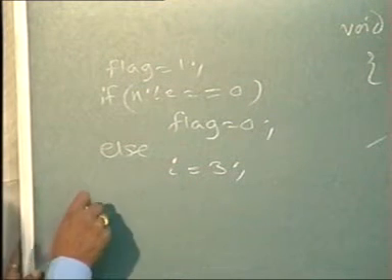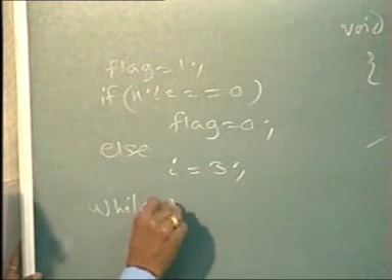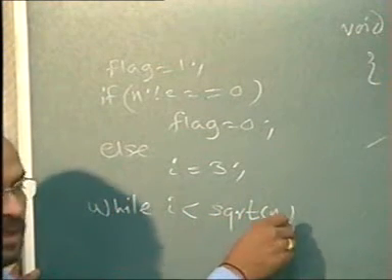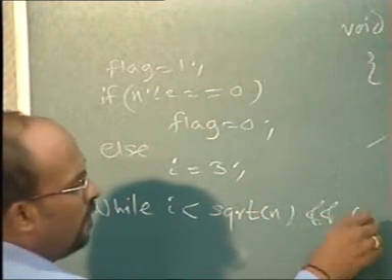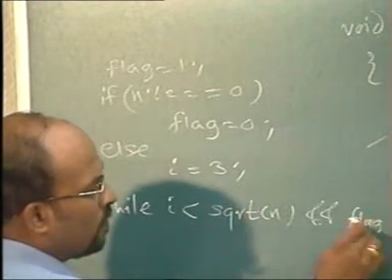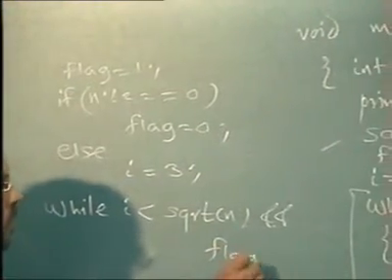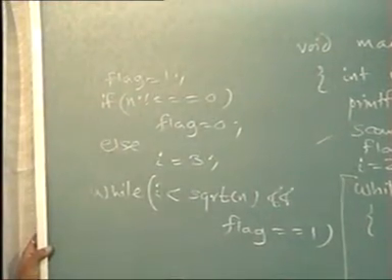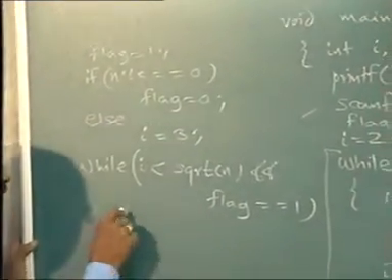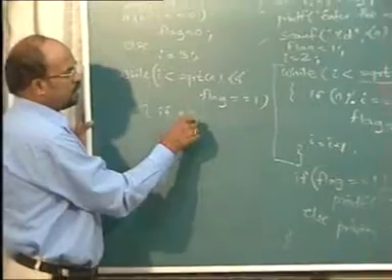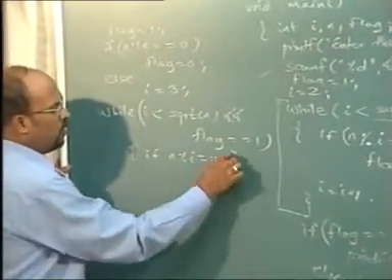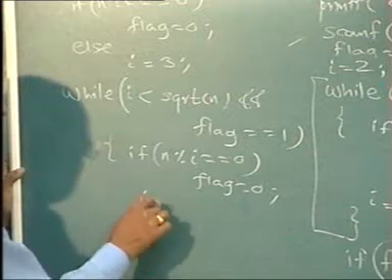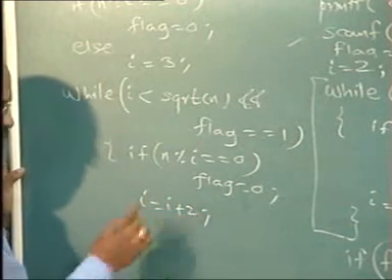And my condition over here will go like, while i is less than sqrt of n and flag is equal to 1, if n % i is equal to 0, flag equal to 0, otherwise i equal to i plus 2.